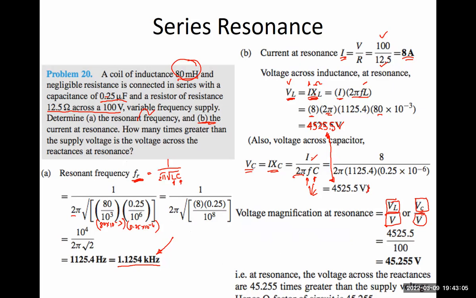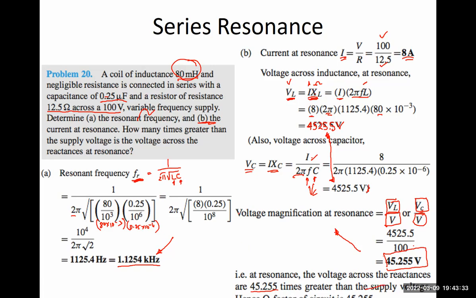Okay? So, and that is, we have 4525.5 divided by 100. So, we have 45.255 volts. Okay? So, that is now the voltage magnification at resonance. So, that only means that the voltage across the reactances are 45.255 times greater than the supply voltage. Okay?